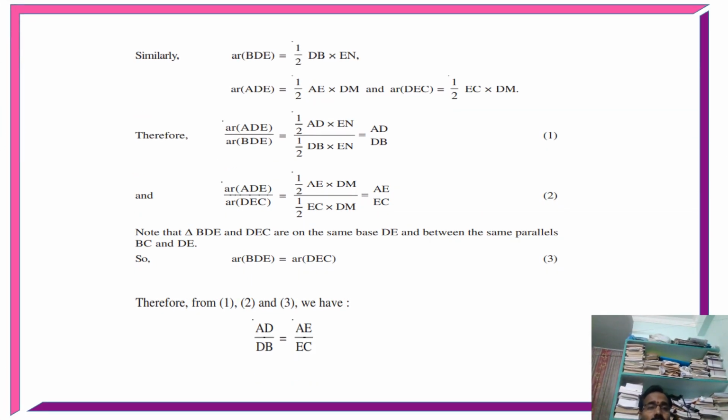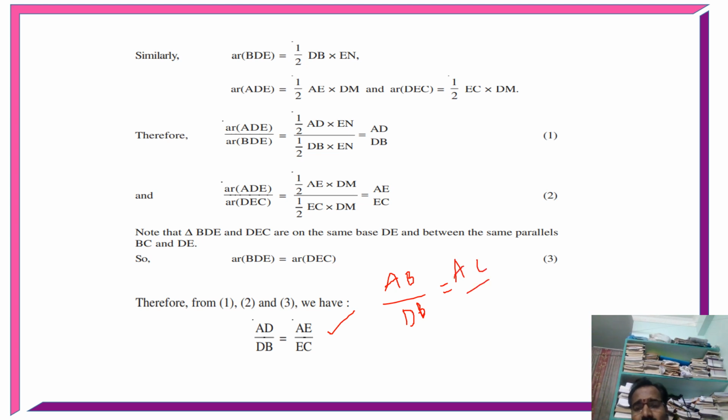So students, these results we can continue in this manner. According to Thales theorem, we can prove that AD by DB equals AE by EC. From this we have a few more results, that is AB by DB equals AC by EC.